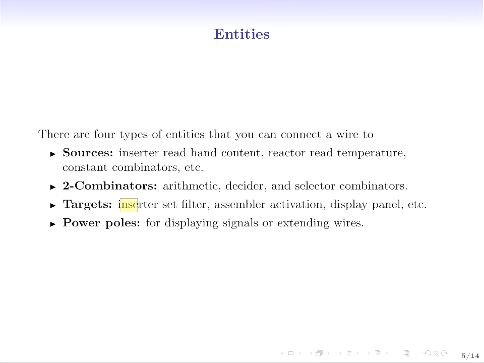A target is something that can be controlled by a signal, such as an inserter with a set filter condition, or an assembler with an activation condition or enable-disable condition. Now the last type is a special type, which we don't really care about. They are power poles, which are used for extending wires or displaying the signals for troubleshooting.